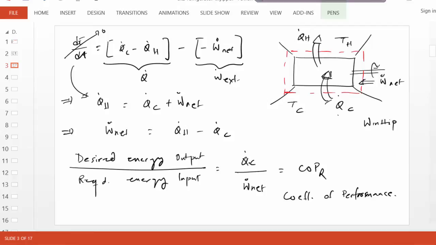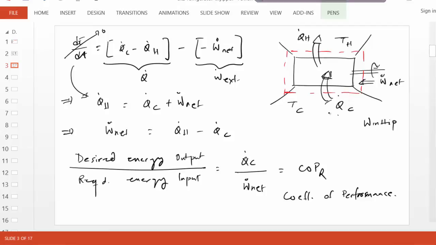Then Q dot H will become our desired heat transfer, right? In that case, it's called a heat pump. So basically, you can analyze a heat pump if you know how to analyze a refrigeration system. The only difference is what is desired now becomes Q dot H, and you don't care about Q dot C. But let's stick to the refrigeration system.